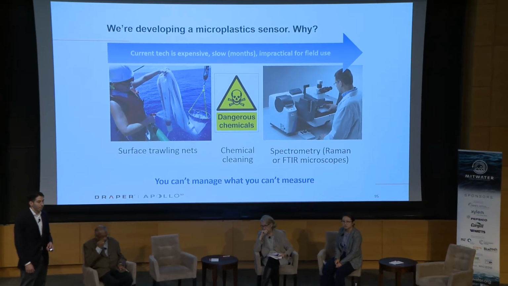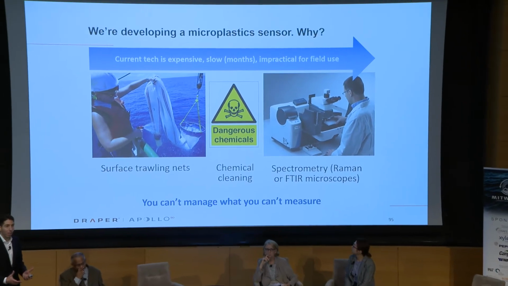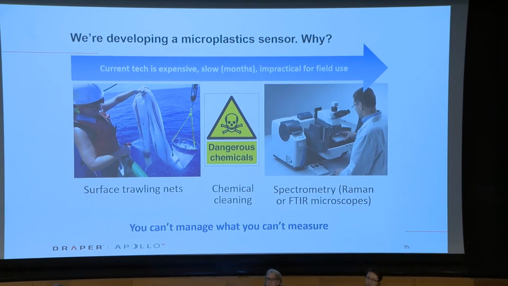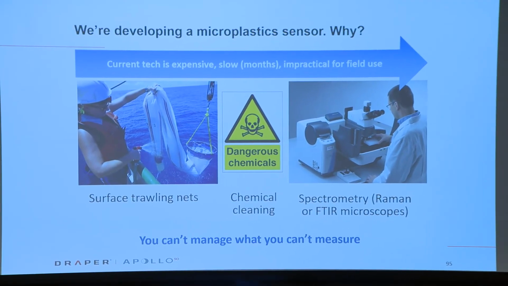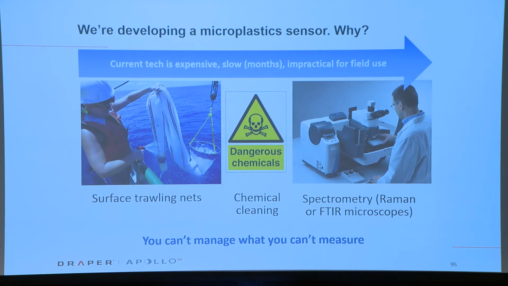So the current methods for microplastic sampling and analysis are, in our view, very expensive and time-consuming. And it's limiting the rate at which science can be applied to understand the problem globally. You can't manage what you can't measure, is our point of view.